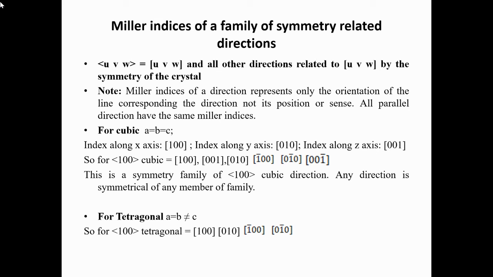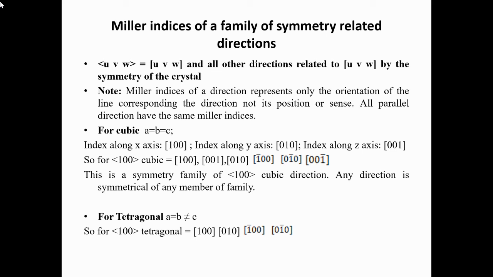All of these are symmetrical members of the family. It represents any direction within the cube. So this is the symmetry family of the 100 cubic direction. Any direction is symmetrical to this family.